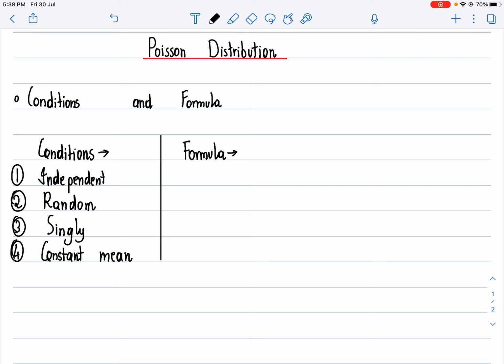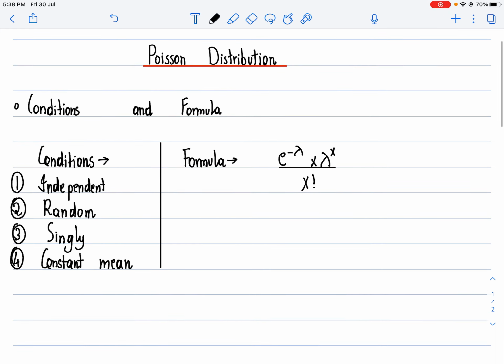So the formula is basically e raised to minus lambda, multiplied by lambda raised to x, divided by x factorial. Now you need to know that a question is always given as x distributed as the Poisson, and in the bracket you have the lambda value given to you.